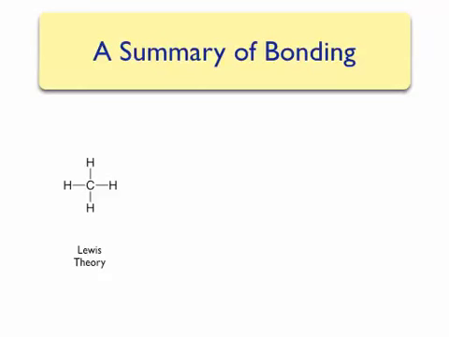Lewis theory is based on a very simple premise, that all atoms in the molecule are looking to achieve a noble gas electron configuration. Next, we studied valence bond theory and VSEPR.